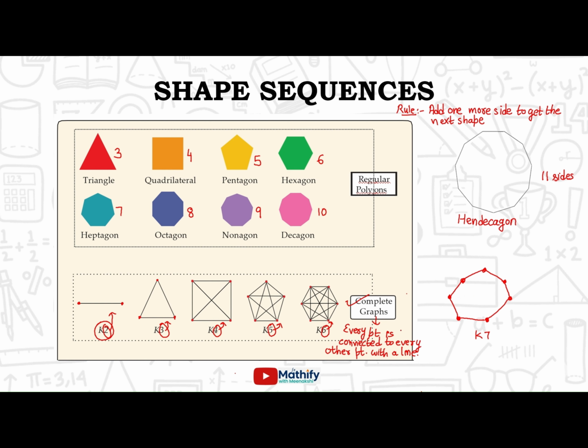But what is K? K is complete graph. That means every point is connected to other points. So let me start from this point. We'll join all the points except the adjacent ones, because adjacent ones are sides, and we already have a line there. Then we'll join this one. Then we'll join this one.